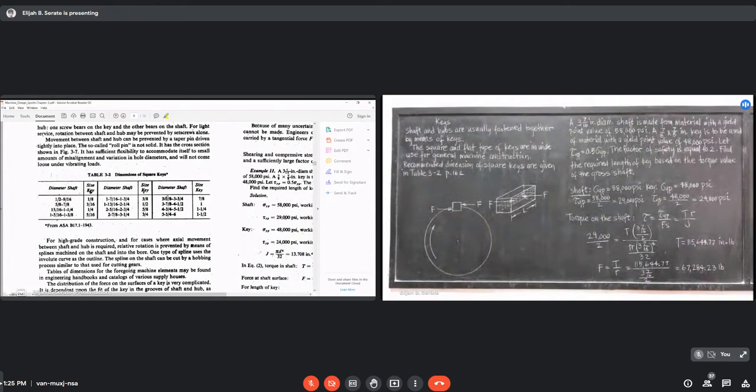Is that correct? This is the range where your shaft diameter belongs. 3 3/8 to 3 3/4, and your key should be 7/8. Okay, do you follow, class? Class, do you follow? Yes, sir.